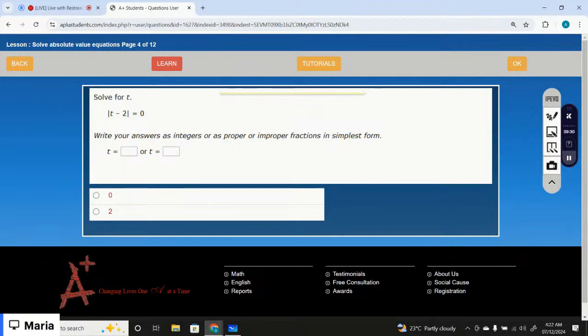Zero it is. No, 2 it is. Option number 2 is the correct option.